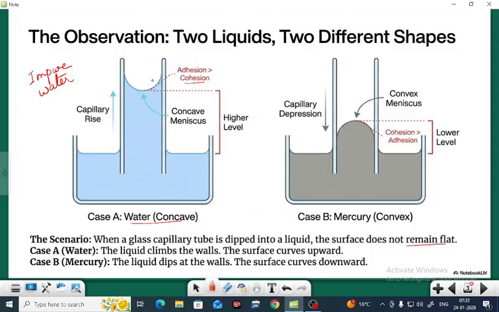This is a concave meniscus. Case B, for mercury, the liquid dips at the walls. The surface curves downward. That is convex. We say it is a convex meniscus. So the two liquids, two different shapes.